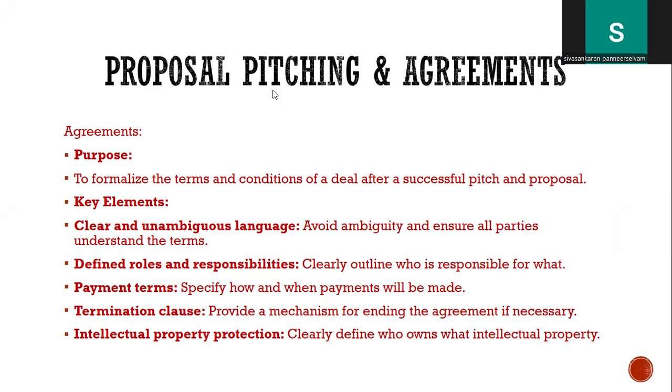You have to define the proper roles and responsibilities of all business players and indicate the proper payment terms and conditions. And if there is any dispute in the agreement, we need to provide a termination clause as per the ground rules. Then if there is any IPR protection, that can be clearly defined in the agreement.